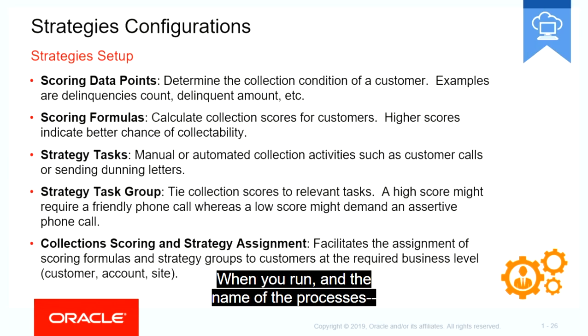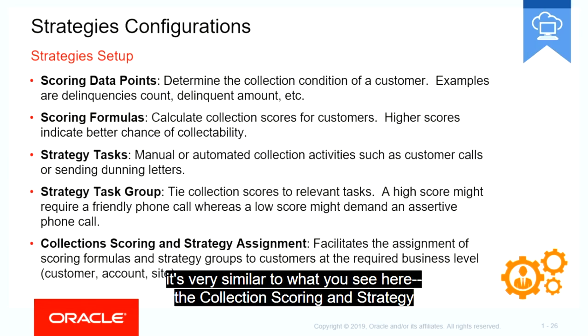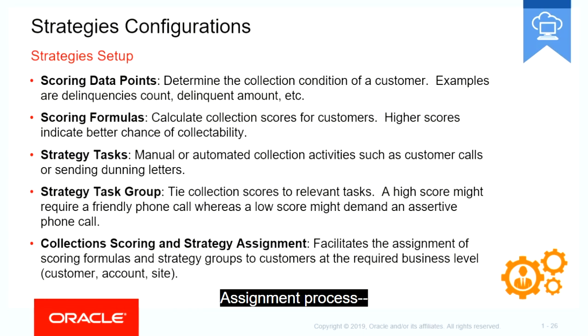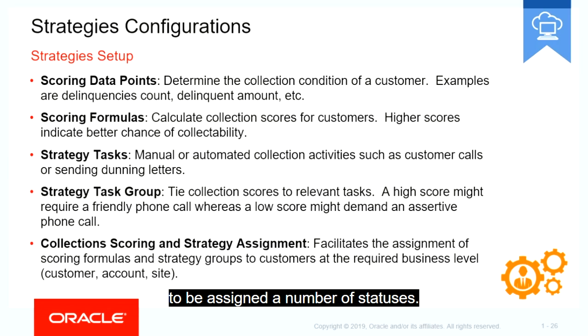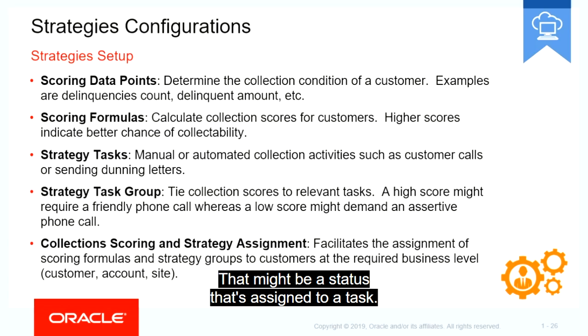Now, a couple more things to mention here. When you run the process, and the name of the process is very similar to what you see here, the collection scoring and strategy assignment process, the tasks are going to be assigned a number of statuses. For example, open might be a status assigned to a task, and that just means that the work is in progress.